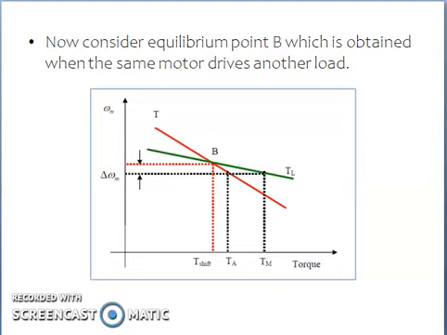Now the drive decelerates and operating point moves away from B. Previously, the equilibrium point was restored to A, but here the operating point is moving away from the previous position of B. Similarly, when working at B, say there is an increase in speed that will make the motor torque greater than the load torque. This will move the operating point again away from B. Thus, we can say that B is an unstable point of equilibrium.